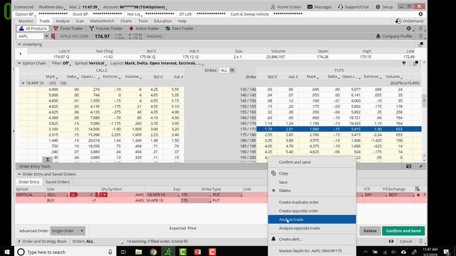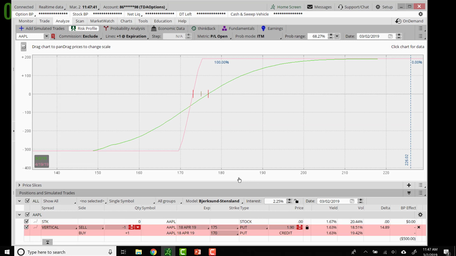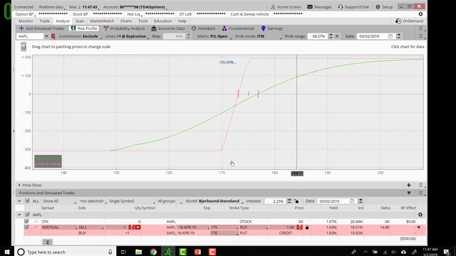So now let's look at how the profit and loss diagram looks. This is how the profit and loss diagram will look for this particular put vertical trade. So your maximum profit is $190, and your maximum loss is $310, which is the width of the spread, $500, minus the initial credit received, which is $190.